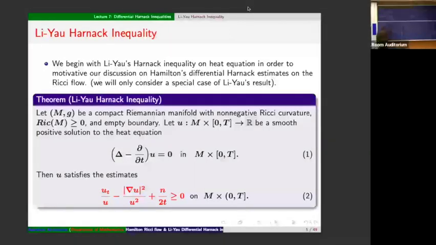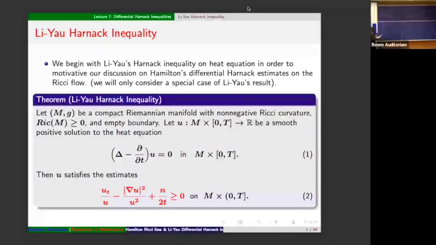If u is a solution of the heat equation, then you can show that f will satisfy the equation of that lemma, the assumption of that lemma.